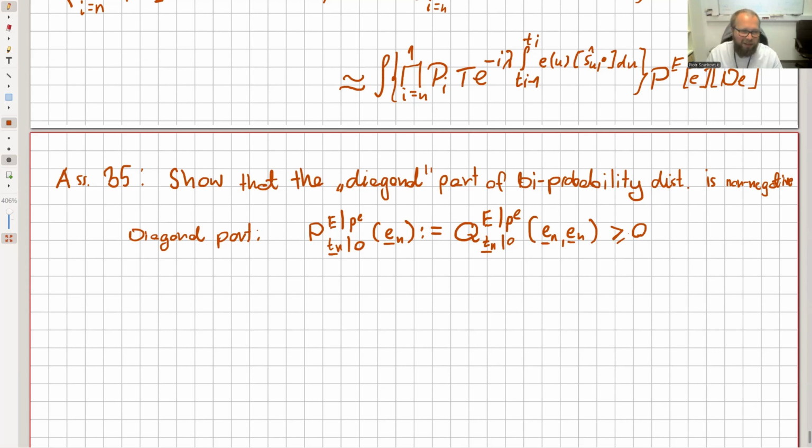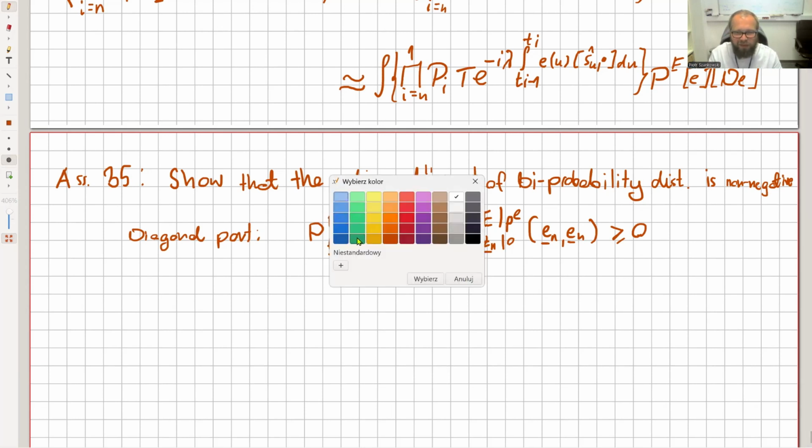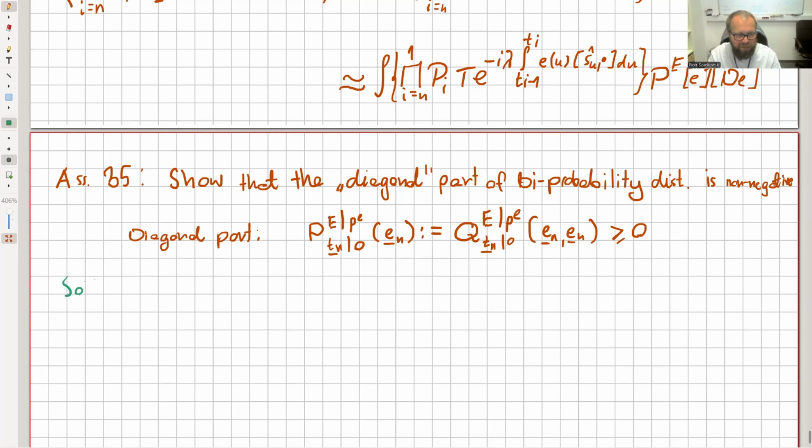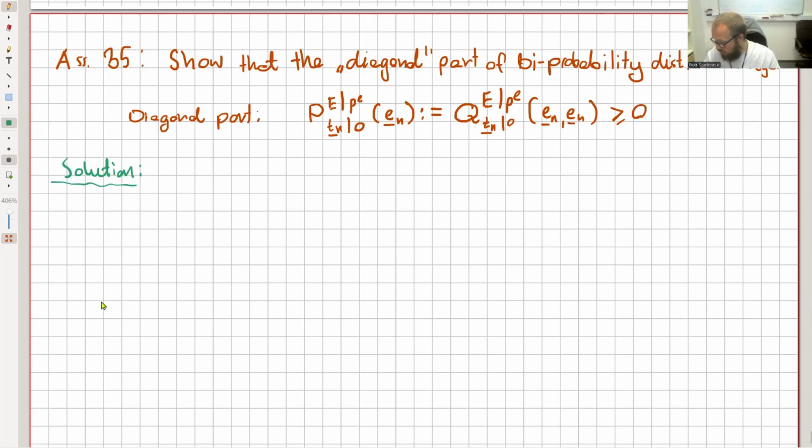Yeah, so let us do the calculation here. Maybe let me switch to green. Solution. It's actually not very difficult. Let me introduce a certain operator, a small q operator, of E_n.